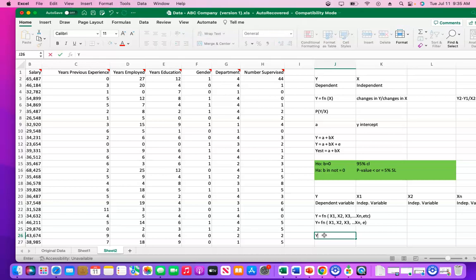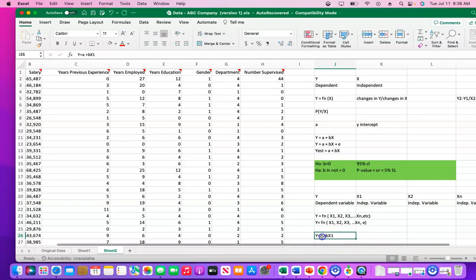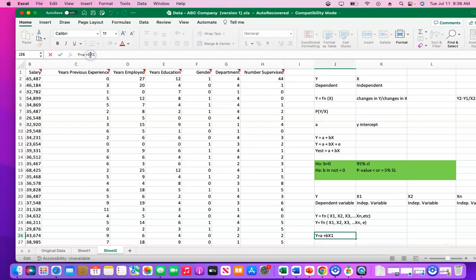So we can say y equals alpha, which is the y-intercept, and then we're going to add the slope of x1 times x1. And so let's call this slope for x1 beta 1, plus beta 2.